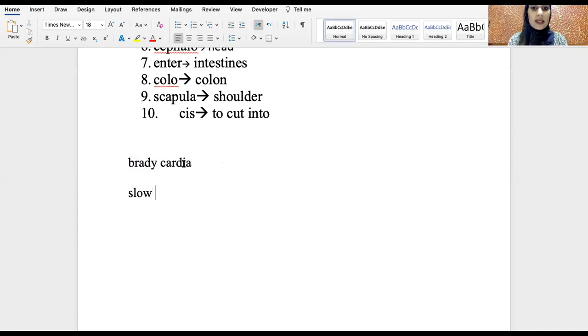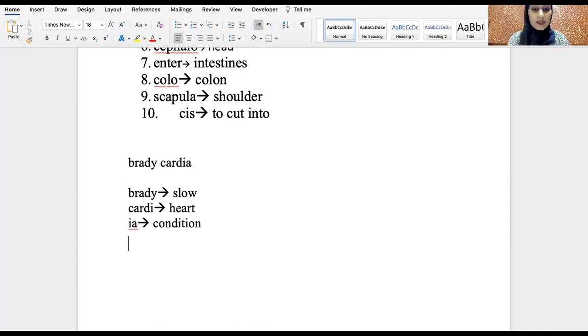And we have cardio or cardi, which means heart, and ia means condition. So we have brady means slow, cardi means heart, and ia means condition.